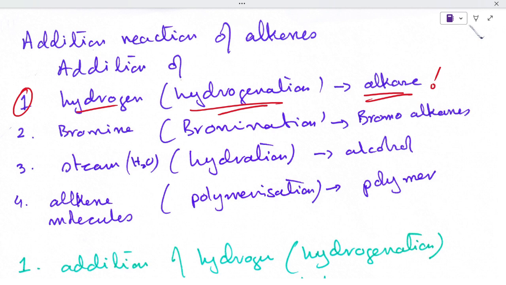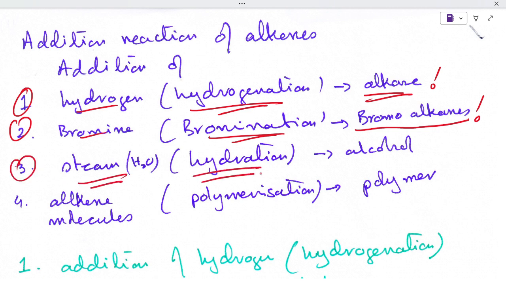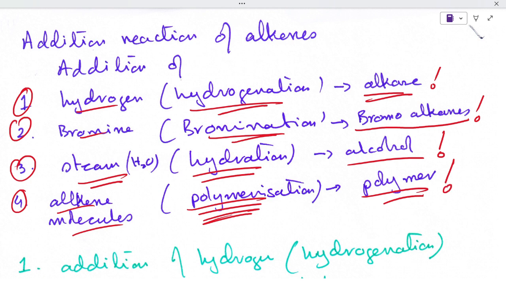If we add bromine, process is known as bromination and product form is bromoalkanes. If we add steam, process is known as hydration. The product is alcohol. Then alkene molecules, they can be added up to each other. The process is called polymerization and the product formed is polymer.